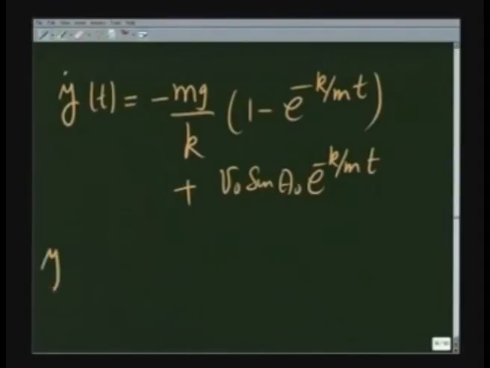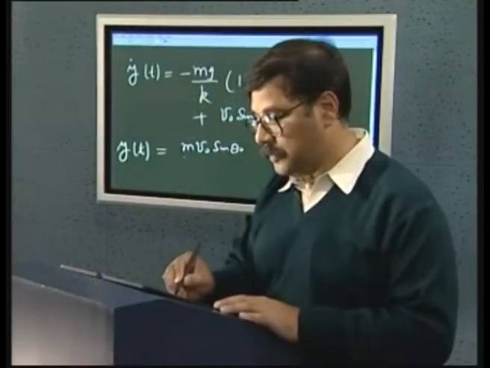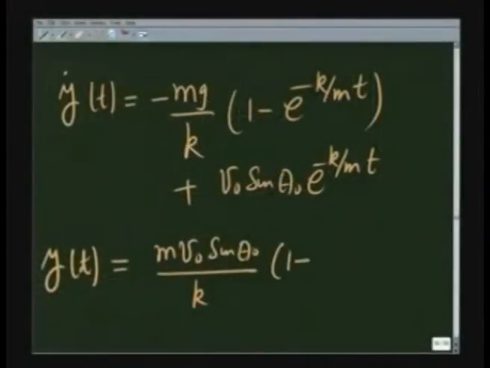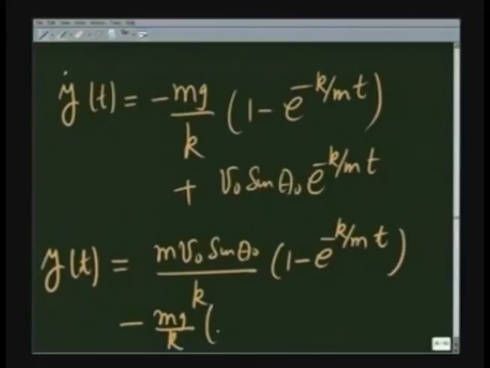Integrating this, I get an expression for y as a function of time, and it comes out to be m v0 sine theta 0 over k times 1 minus e raised to minus k over m t, minus mg over k times t, minus m over k times 1 minus e raised to minus k over m t.